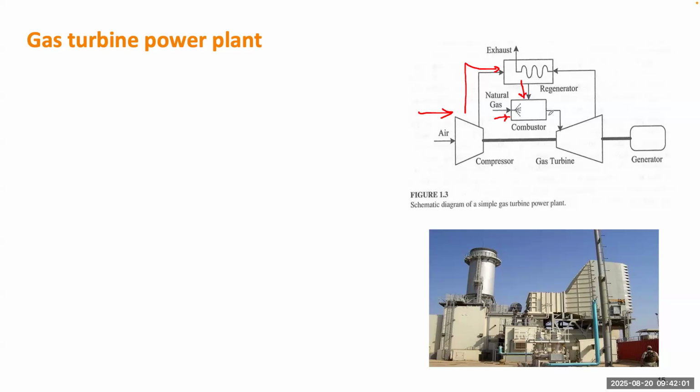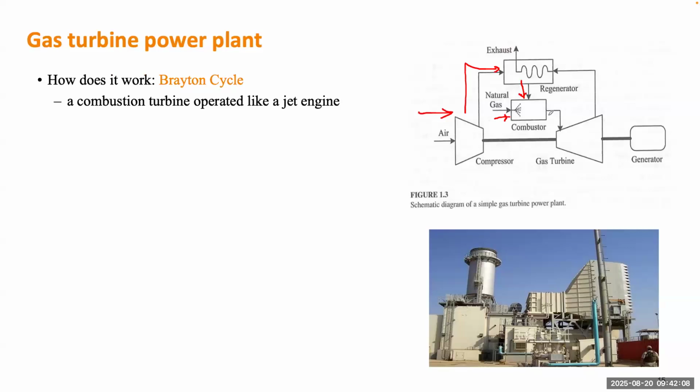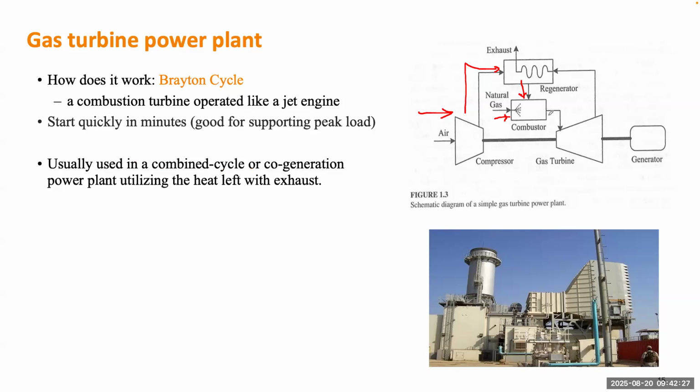You just have one turbine, not many turbines, so the design can be very simple. The cycle of this type of engine is called the Brayton cycle, different from the Rankine cycle for a steam turbine generator. It can start quickly, in minutes, so it's good for supporting the intermediate and peak loads.